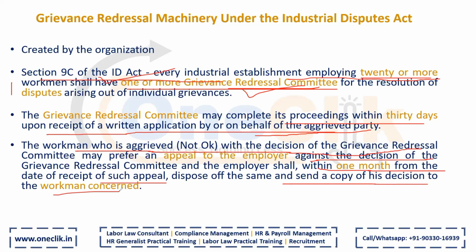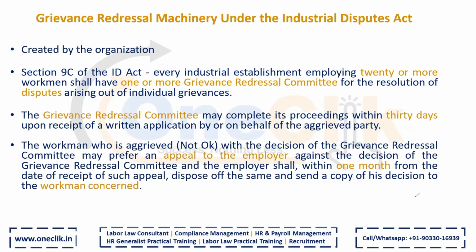Means within 1 month, 30 days they have to solve the issue. If they do not, then within 30 days the employee can refer this application to the next step, the labor commissioner.